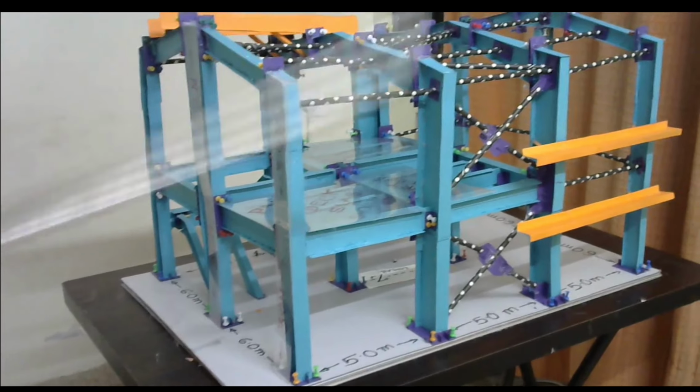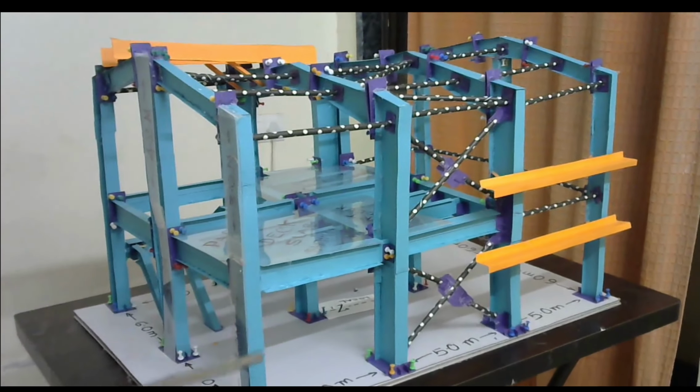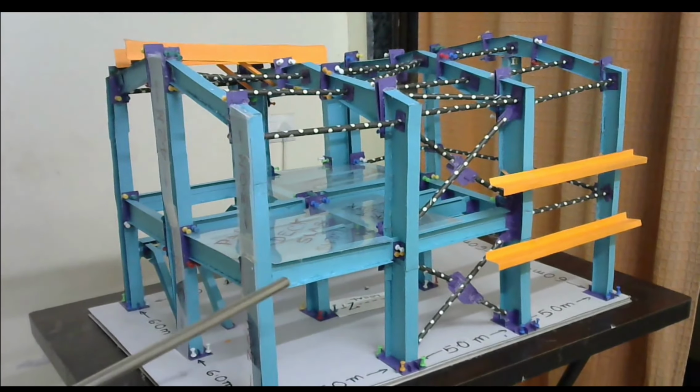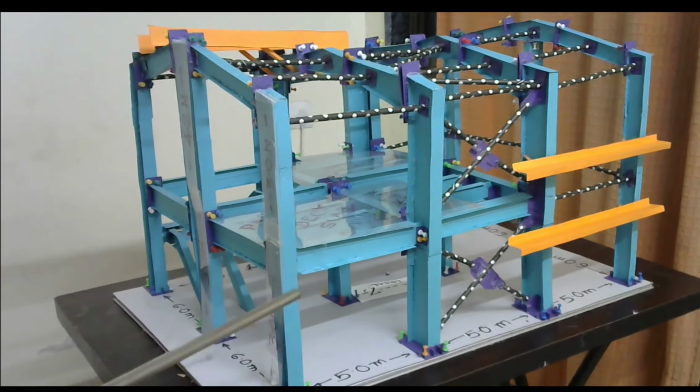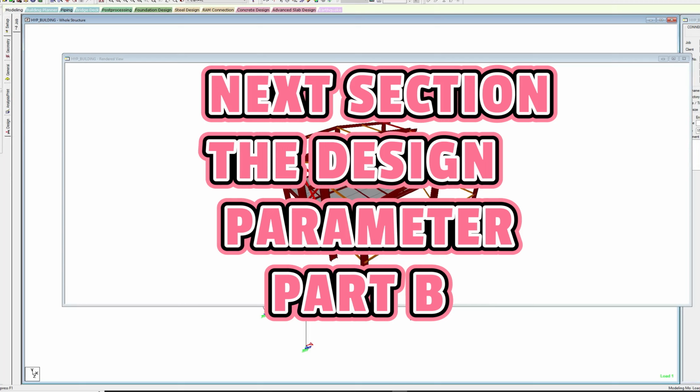Obviously, whatever factors I have discussed with respect to these buildings, we will have to apply the same concept to the building we are designing with STAAD Pro. With this video, I hope you all have learned about the effective length parameters LX, LY, LZ that have to be supplied to the STAAD Pro software.